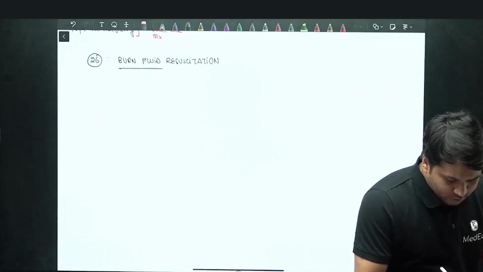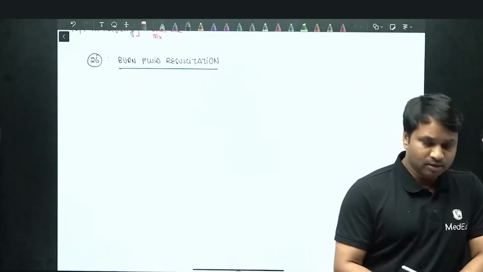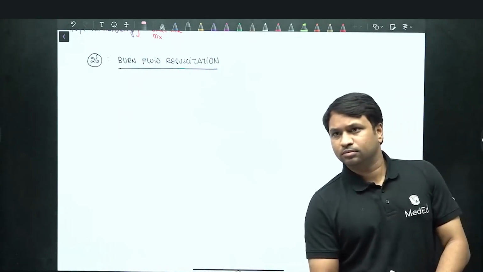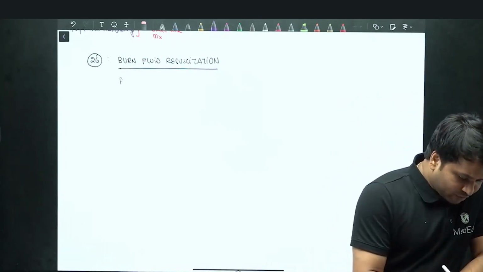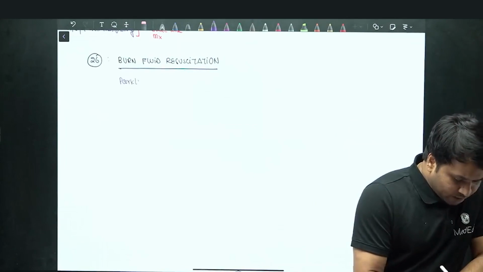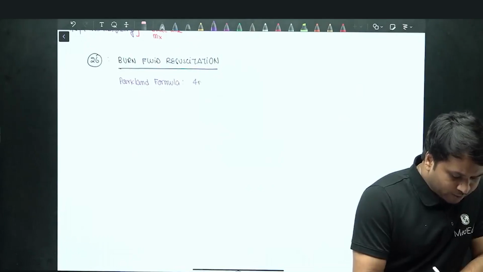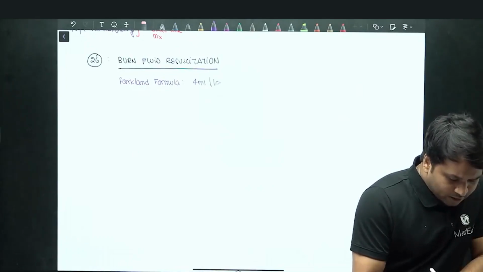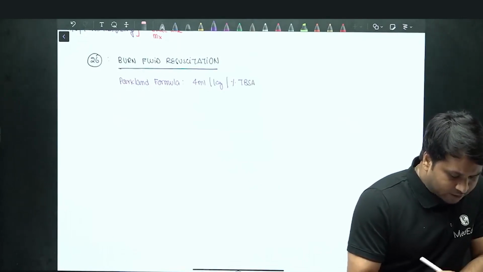Now earlier we used to use a formula for burn fluid resuscitation, and that was the Parkland formula, right? Now the Parkland formula is considered to be obsolete, which was actually 4 ml per kg per percentage of total body surface area burnt.